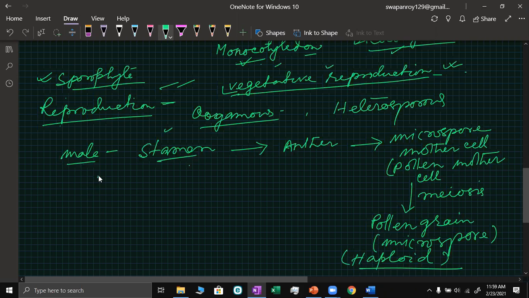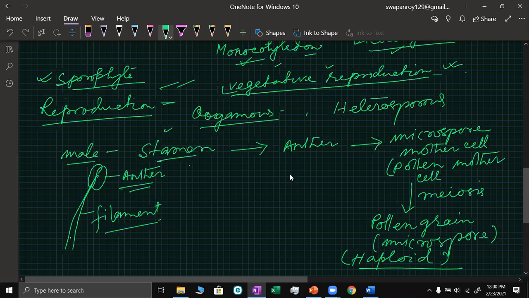A stamen has the general structure of one stalk, the filament, and at the tip there is the anther.